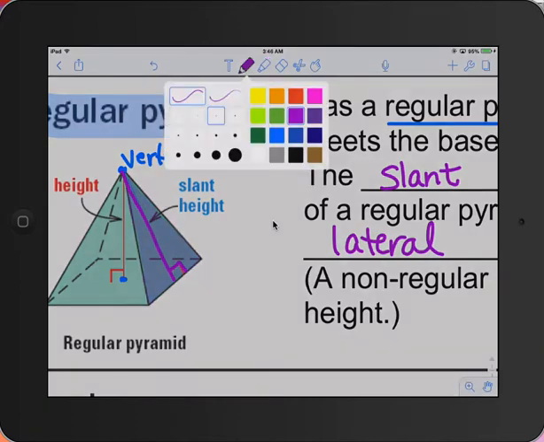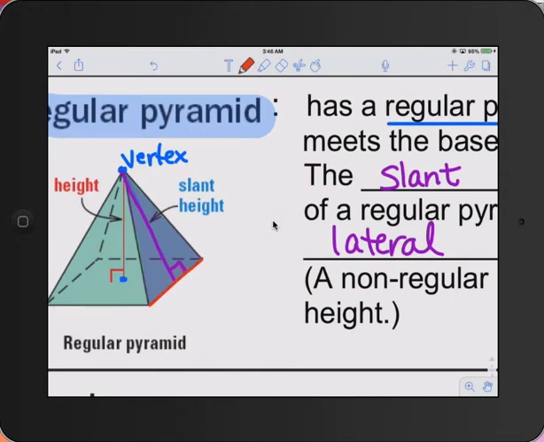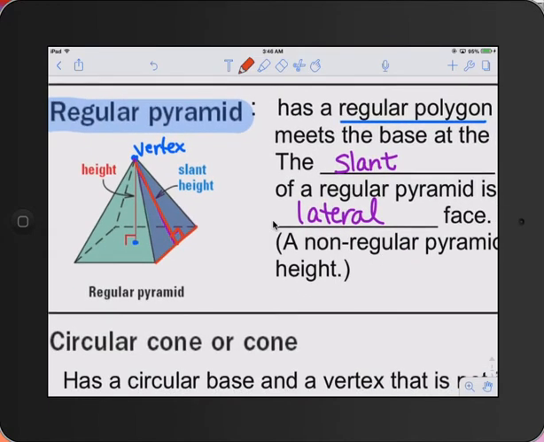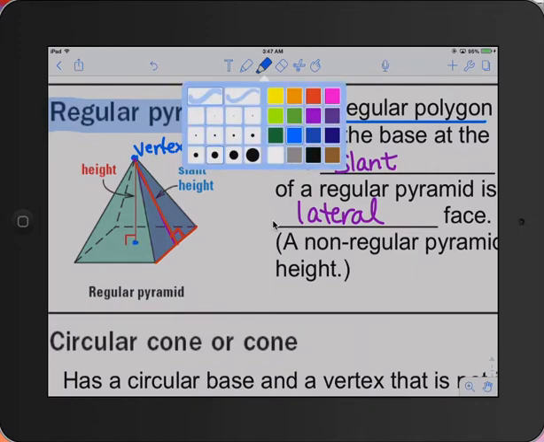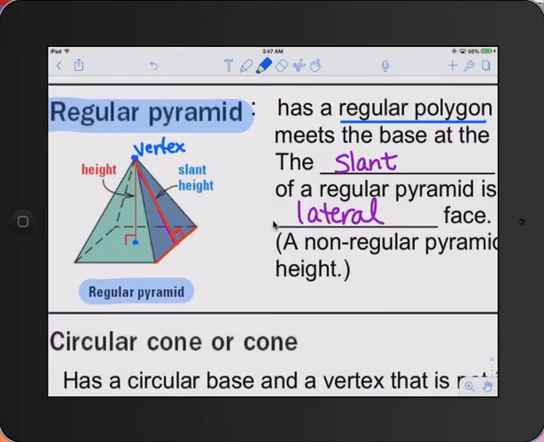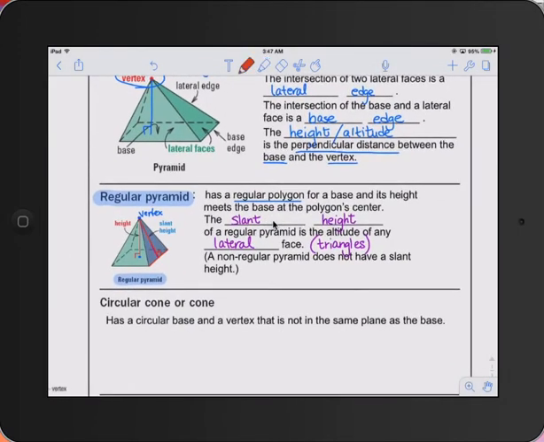So you'll do 1/2 base times height on each of the triangles, and the height of the triangle is actually the slant height of the pyramid. Okay, slant height is something that only exists in a regular pyramid. So you don't talk about slant height for any other kind of pyramids, just for regular pyramids. Something to note down here.